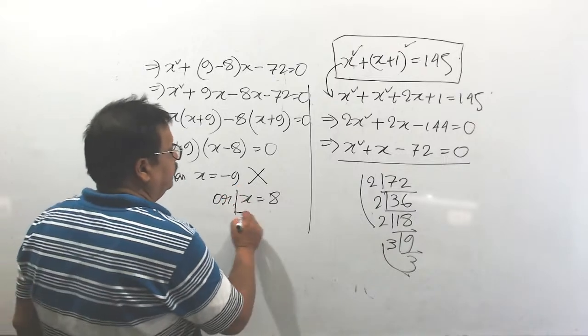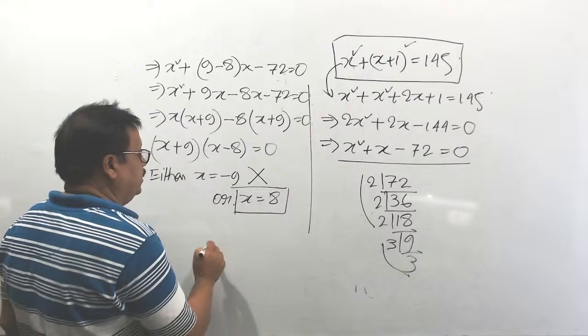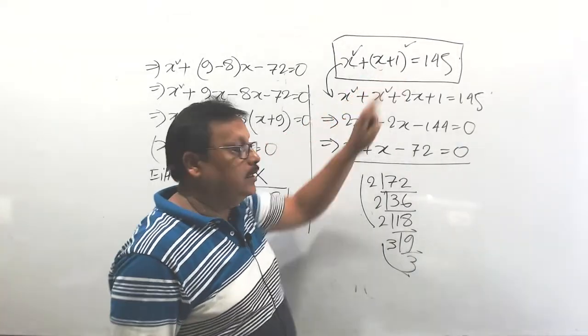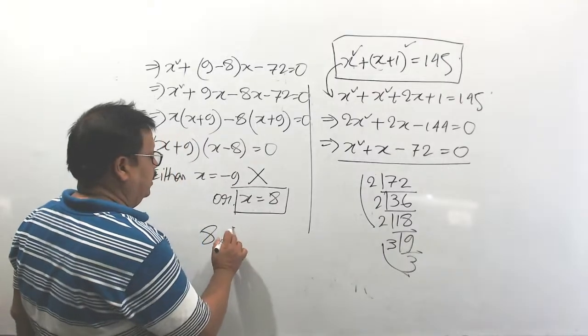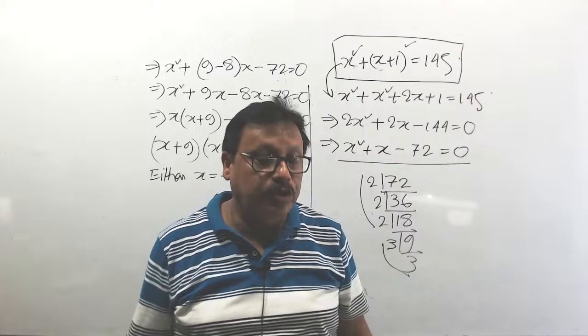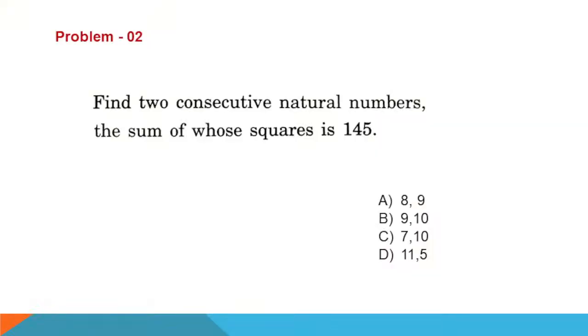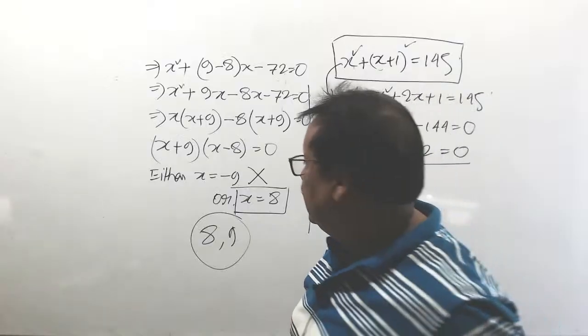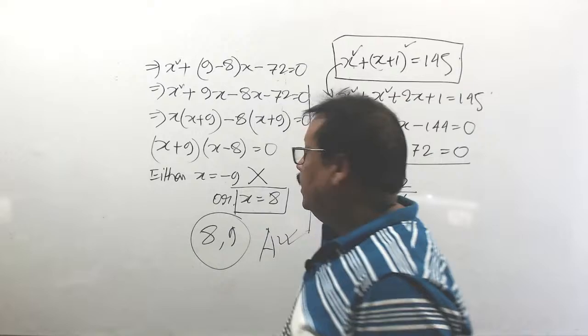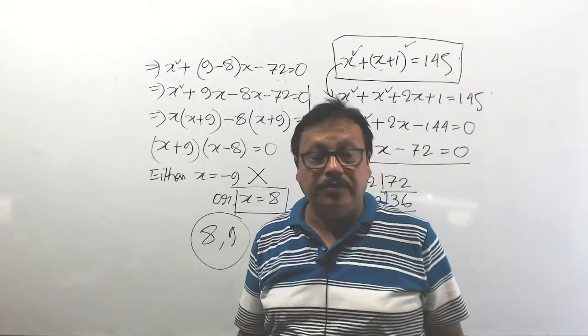Therefore, one natural number is 8. Another one was what? x plus 1. That means 9. So, 8 and 9. Which option? Check the answer. Option number A. Option number A is correct. Understood? Clear?